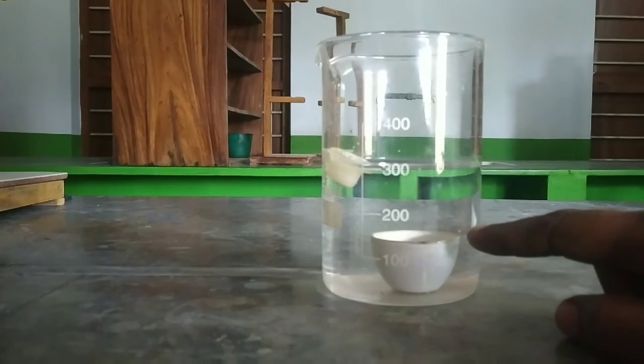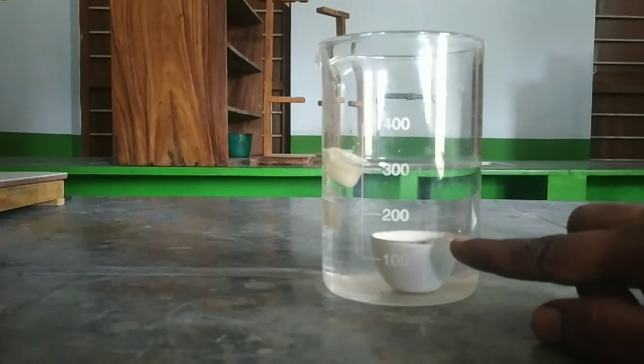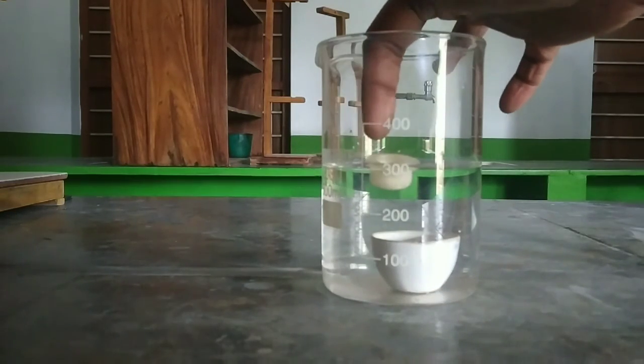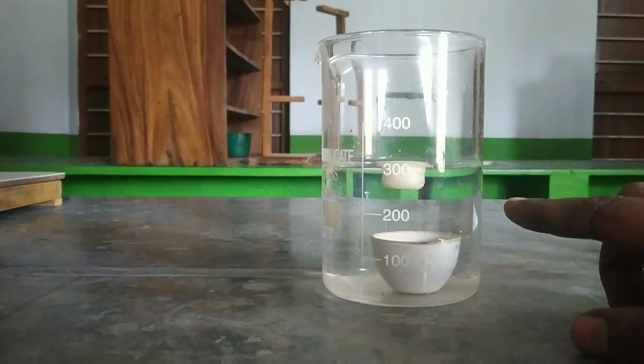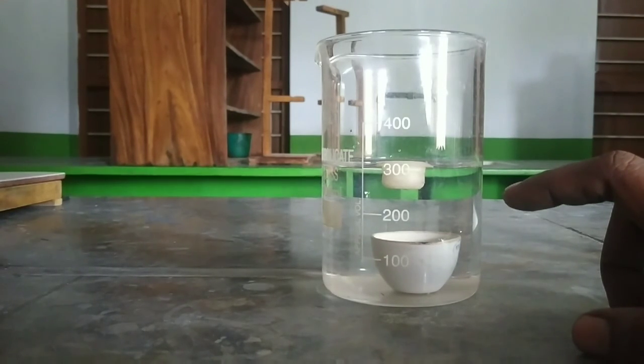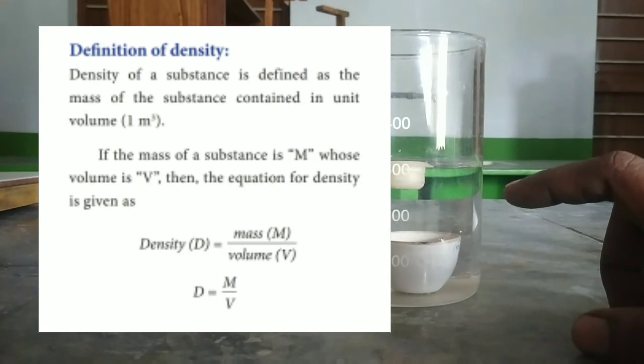Because of density, this material has high density, therefore it immerses in the liquid. This cork has a low density. Now let us learn what is density. Density of a substance is defined as the mass of the substance contained in unit volume.